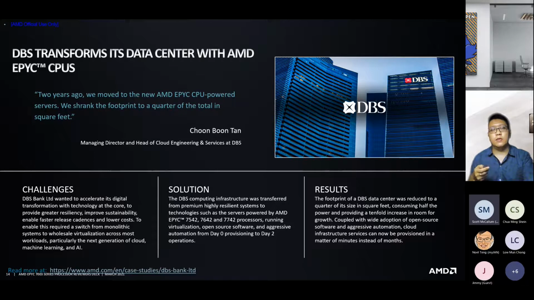From the testimony, we can see that DBS can shrink the footprint to a quarter of the total data center, lower the power consumption by up to 50%, and get TCO savings of up to 90% when moving from bare metal to virtualization.